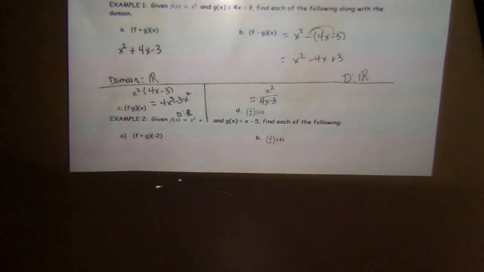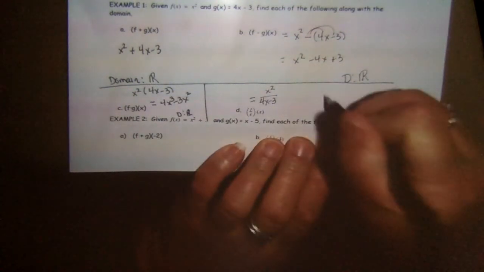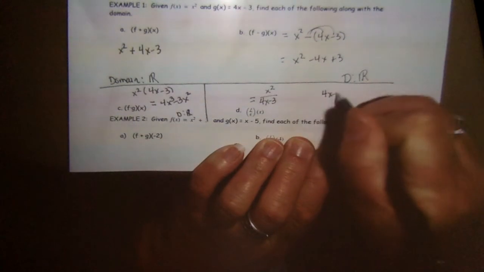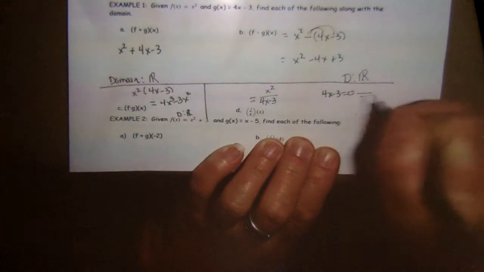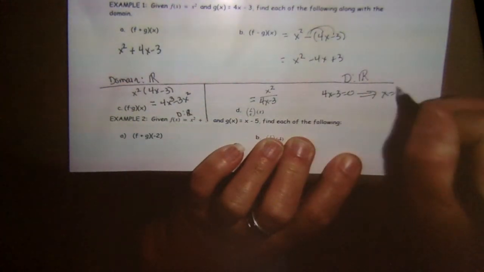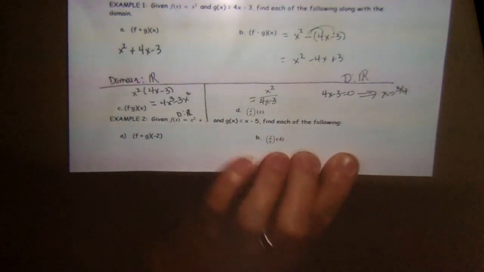What's our domain here? Can it be all reals? Yeah, we can't have 0 on the bottom. So where does 4x minus 3 equal 0? Well, that's at x is 3/4.